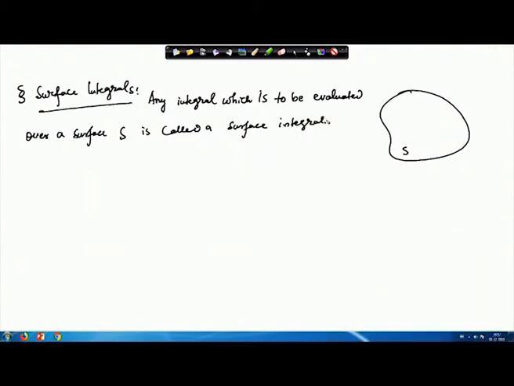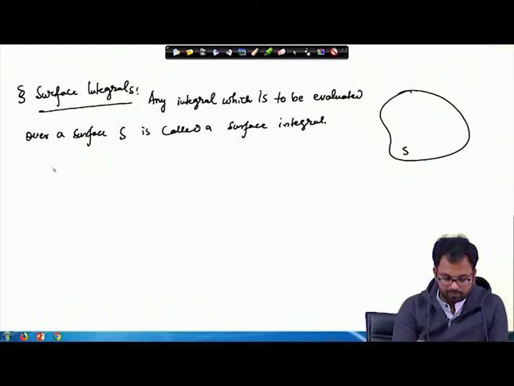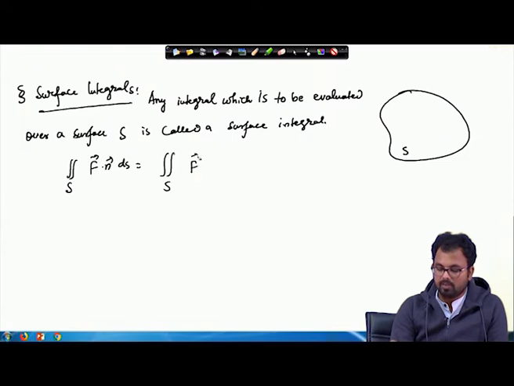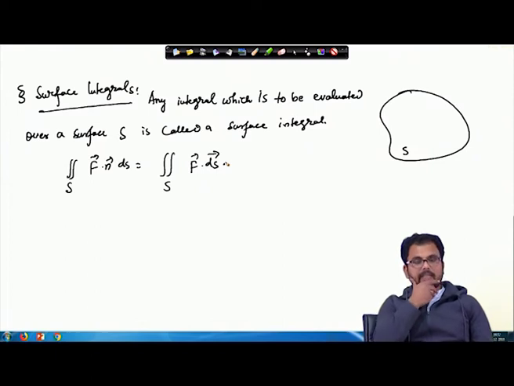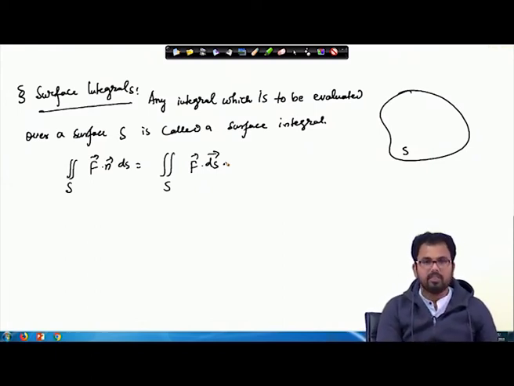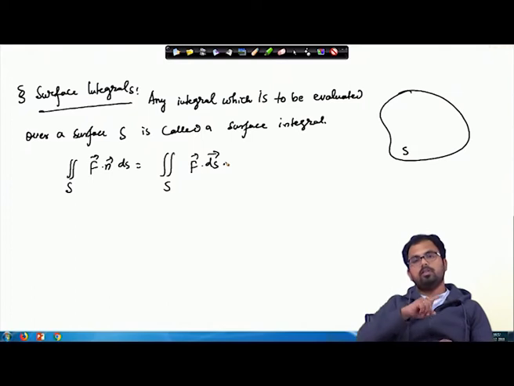There is a very nice theory going on at the back, but we generally write it in this way. When we are doing the surface integral, we usually denote it as the surface integral over S of f dot n dS, which can also be written as the surface integral over S of f dot dS. Here, f dot n is the component of f along the normal n.